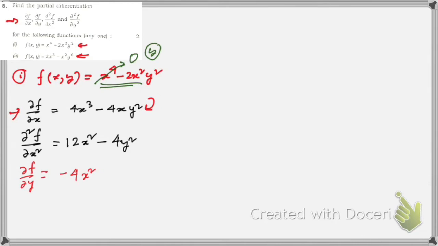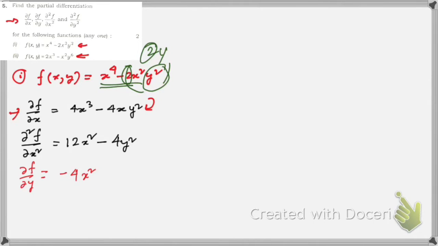Then if you differentiate the second term, we have a minus sign here, so it is minus. This x square should be considered as constant, then differentiating y square, you will get twice y. The 2 is multiplied with this 2, that gives 4.